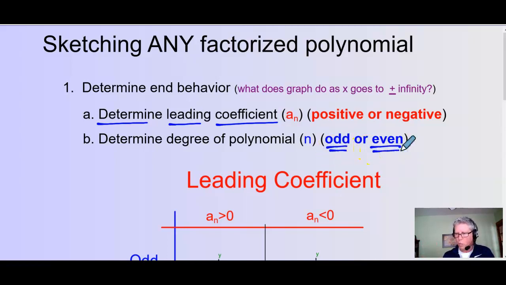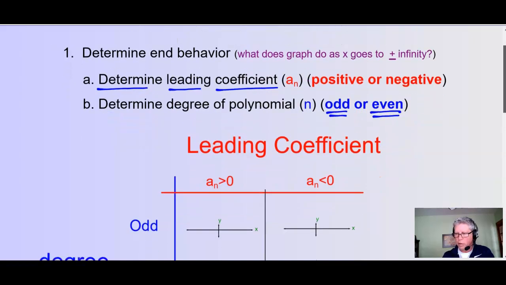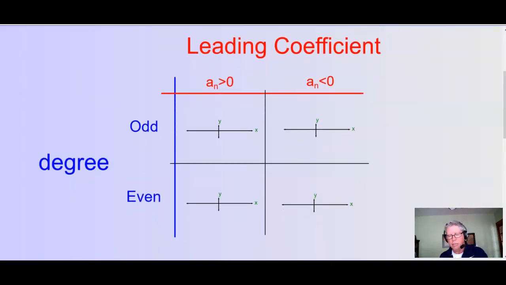Why? Well, if we come over here, I've got a little table for you. If you have a polynomial that has an odd degree and a positive leading coefficient, then you know it's going to exit here and it's going to exit here.